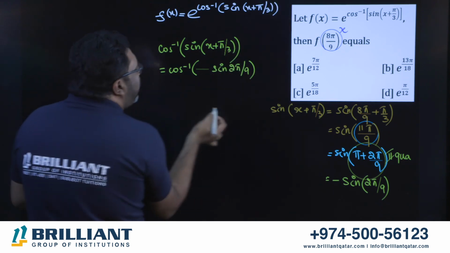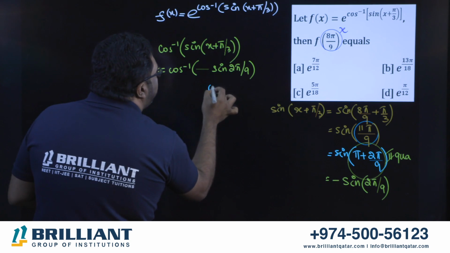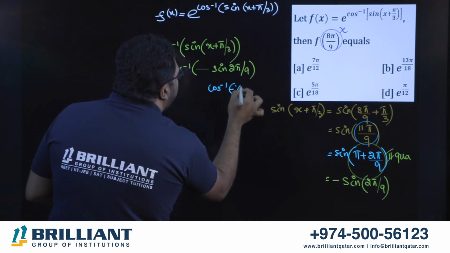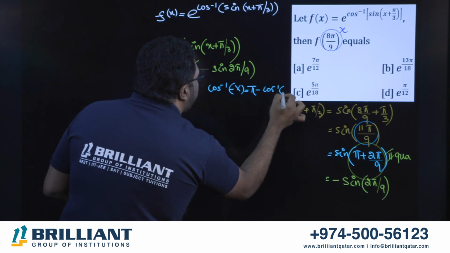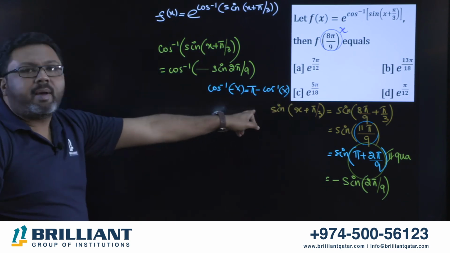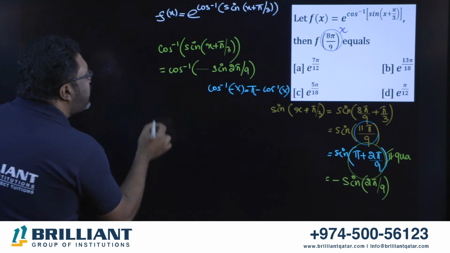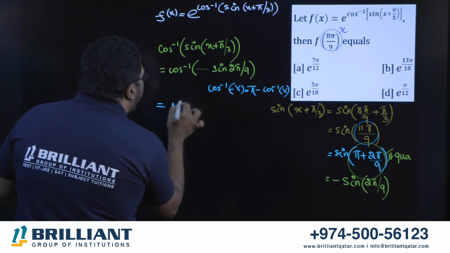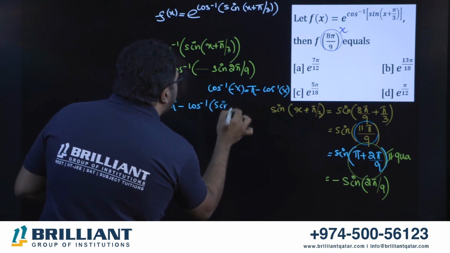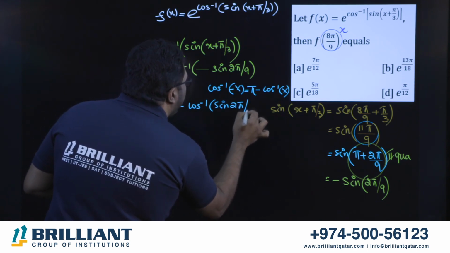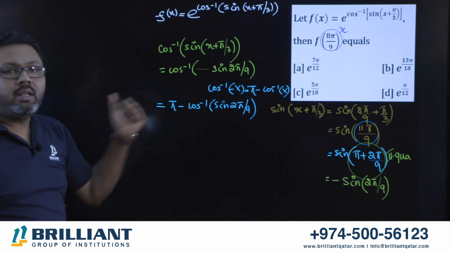Again, a quick recap on what is the property for cos inverse of minus x. Cos inverse of minus x is pi minus cos inverse of x. This is going to become pi minus cos inverse of sine 2 pi by 9.